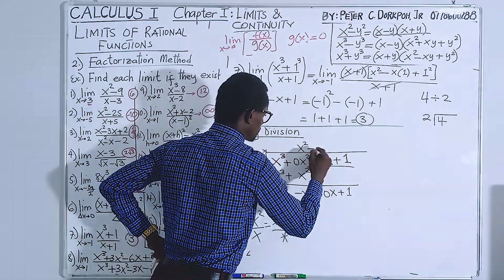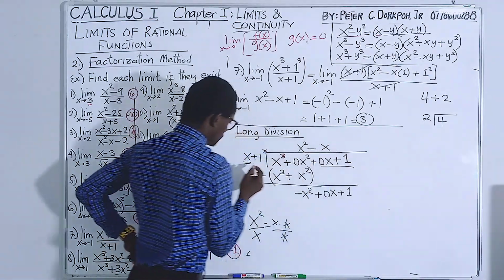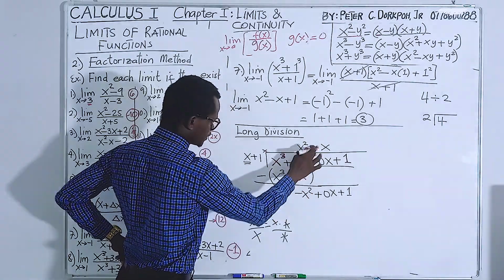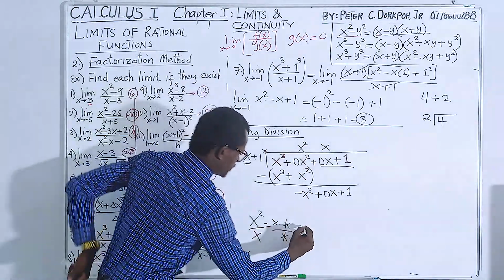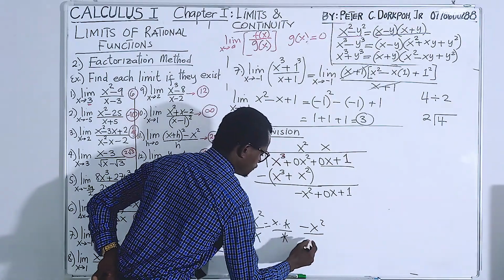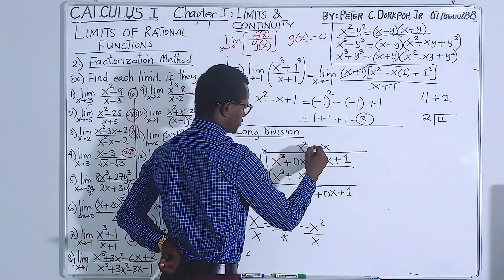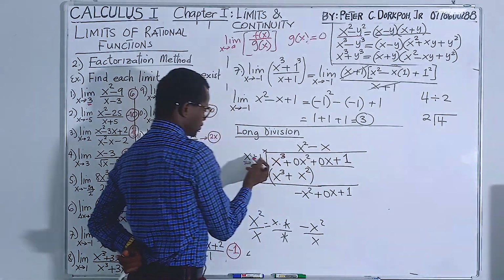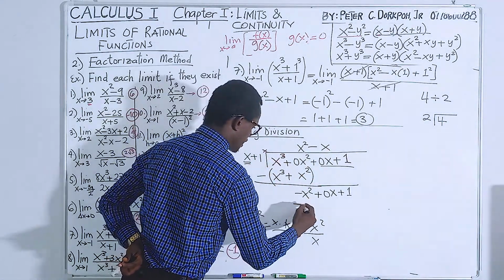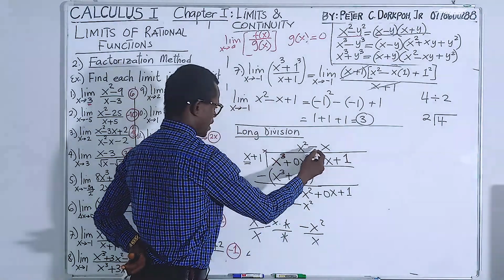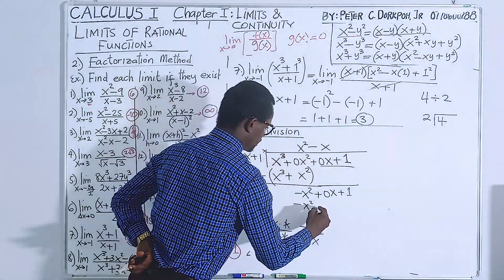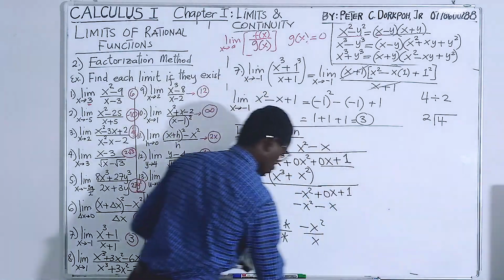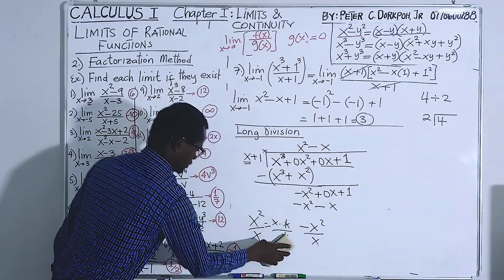So it is minus x, because minus x squared divided by x is just minus x. So minus x times x is minus x squared. Minus x times 1 is minus x. Then we further simplify.